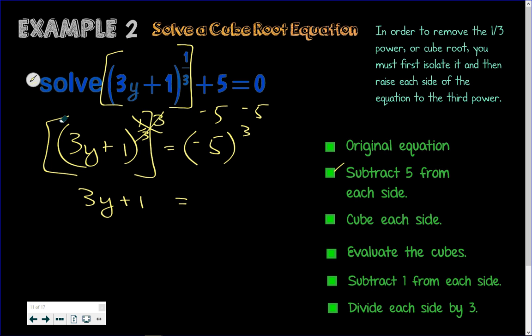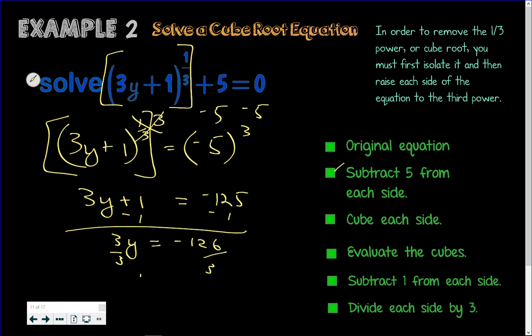Negative 125? And then just simple algebra. Divide by 3, y equals negative 42.